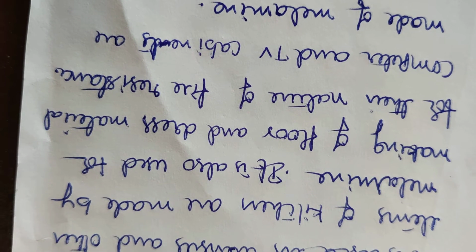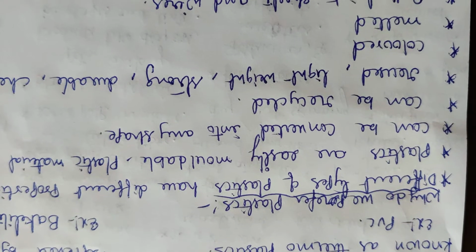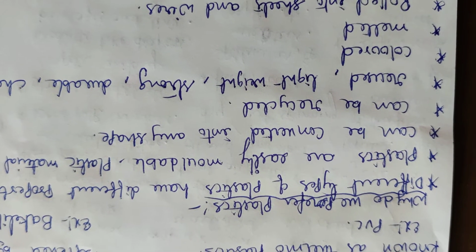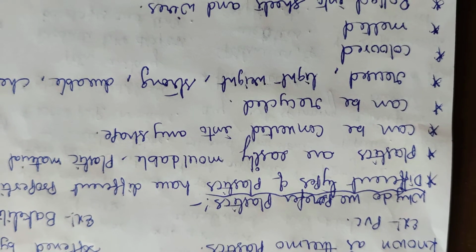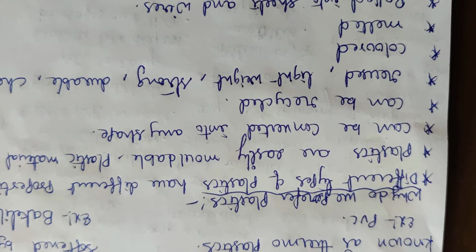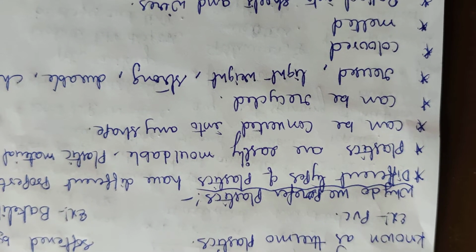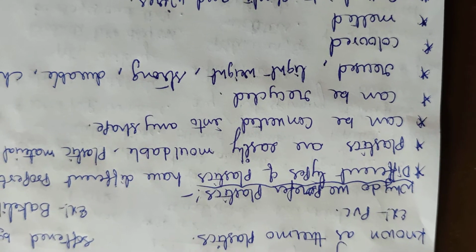Even computer and TV cabinets are made of melamine. This is about plastics. A very important question: what are the differences between thermoplastic and thermosetting plastic, and the types of thermosetting plastics?